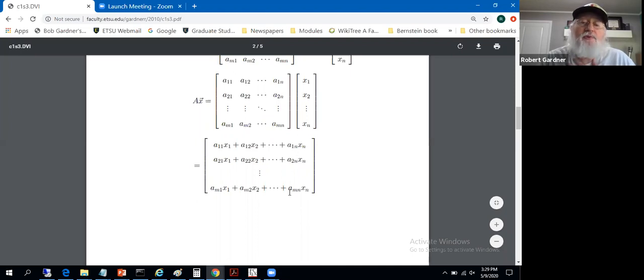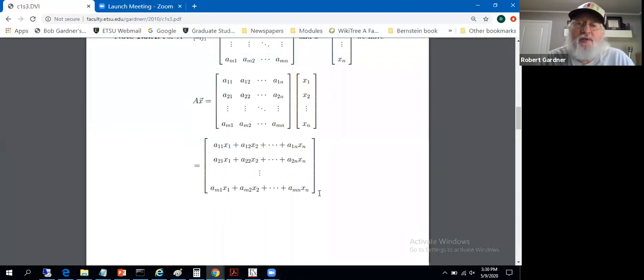When we do the dot product, interpreting these all as scalars, that'll give us, for example, a11 times x1 plus a12 times x2 plus, and so forth, up through a1n times xn. Add them all together, and that produces the first entry. Do that with the second row and first column, and it produces this. Through the last row and the only column, it produces this. I predicted we'd get an m by 1 matrix.